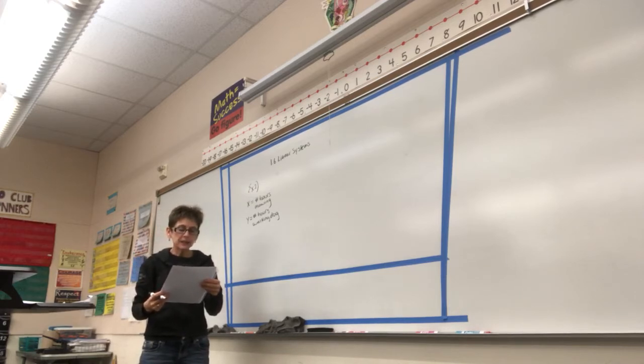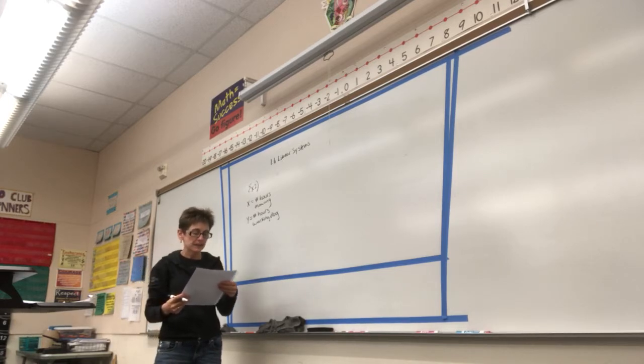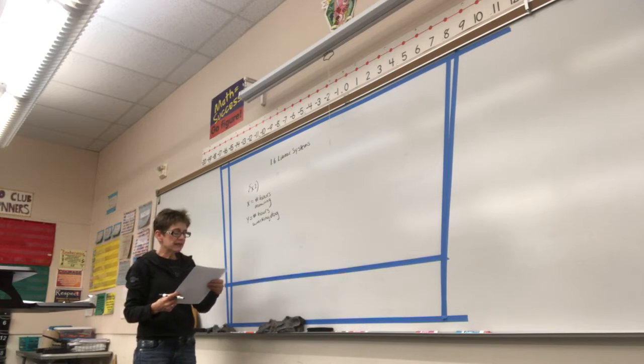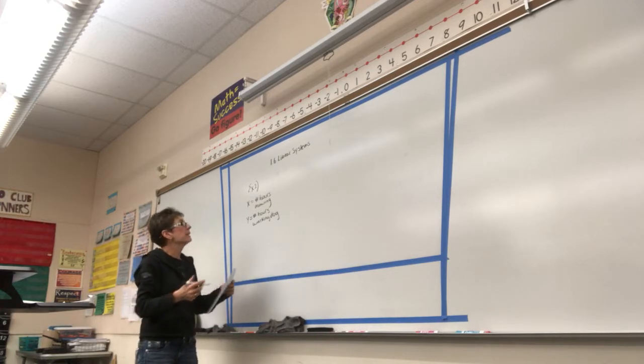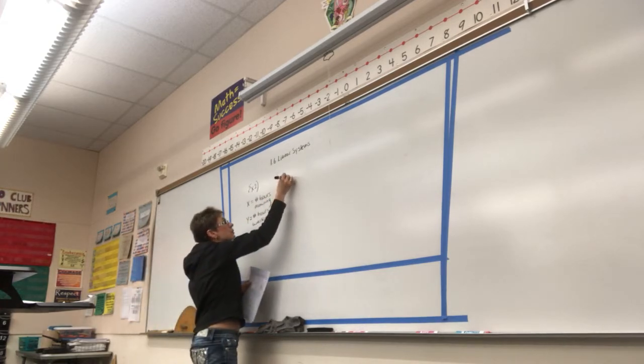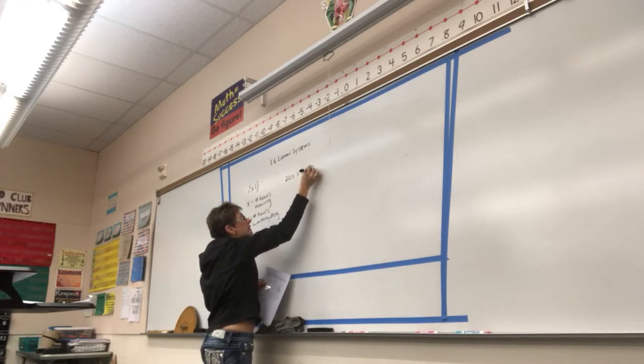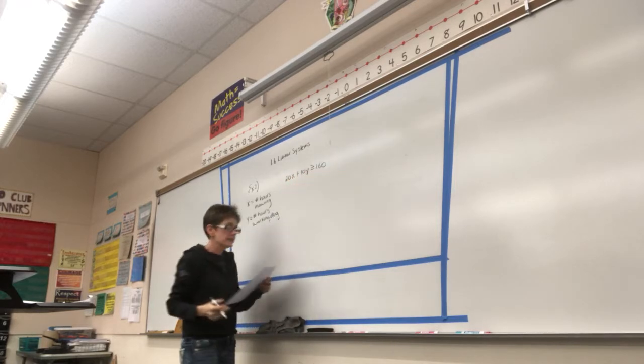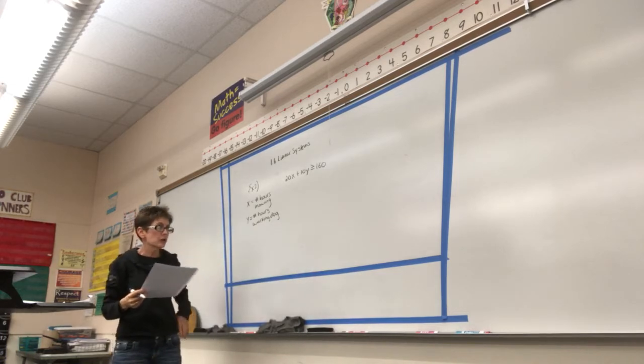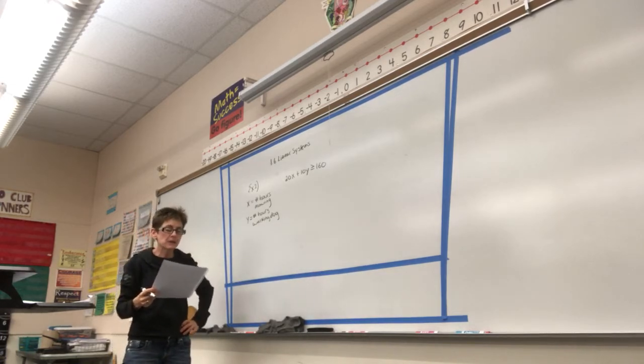So it says that he wants to earn at least $160. So since he makes $20 for every hour that he mows, we can say 20x plus 10y is greater than or equal to 160, because he makes $10 per hour walking a dog, and he wants to make at least $160.